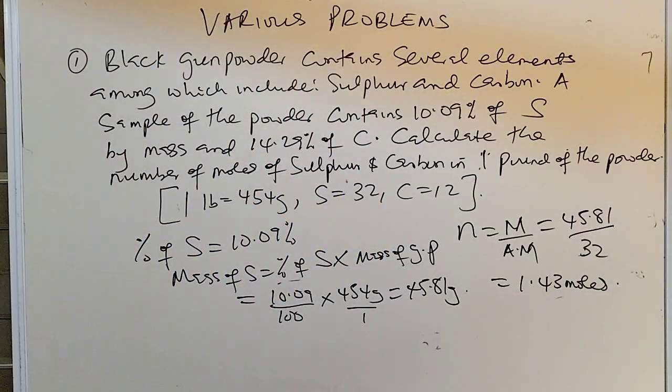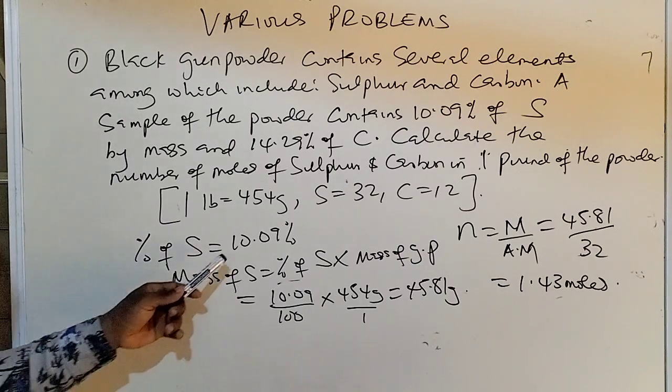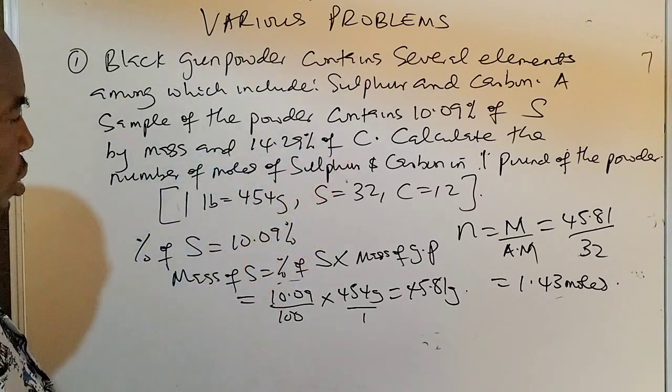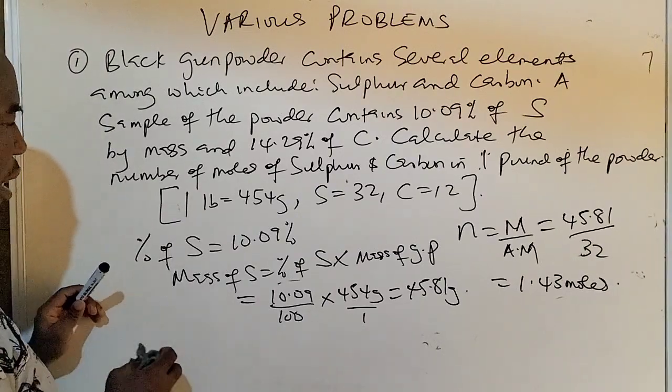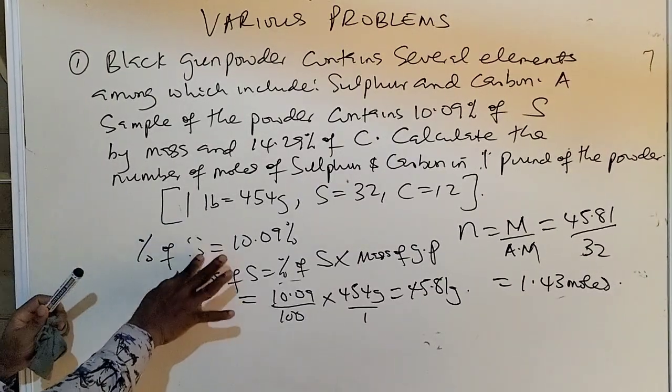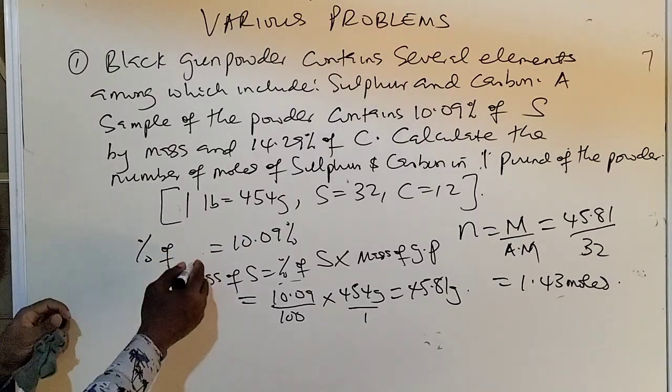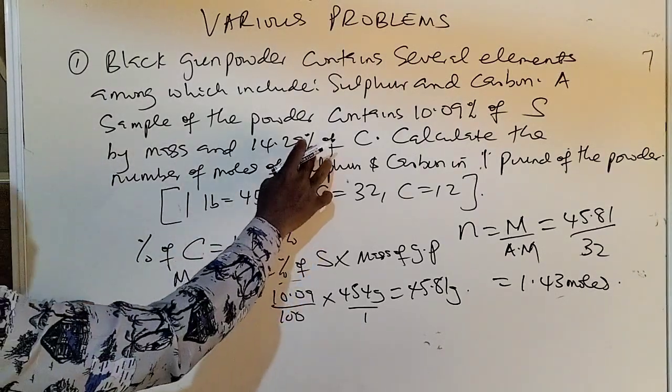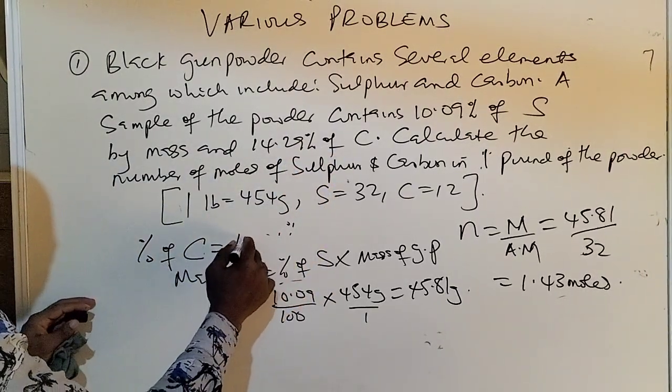So having seen how that was done, we can now look for that of carbon, same process or same procedure. To find that of carbon, replace this with percentage of carbon, which is here 14.29%.